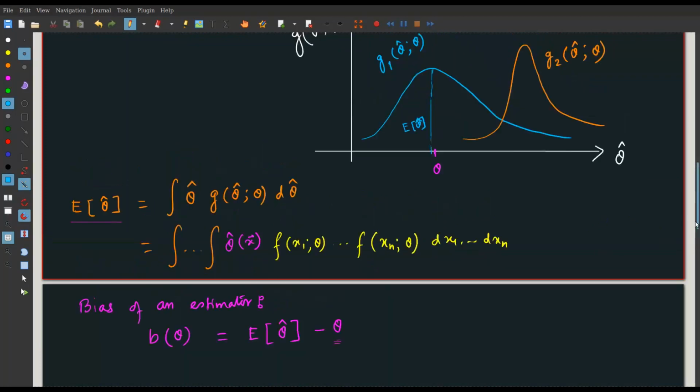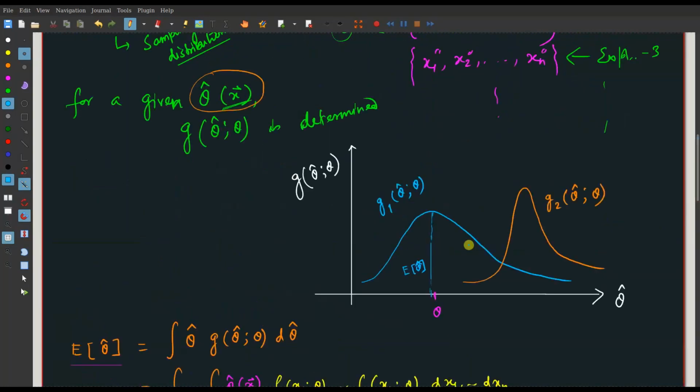There are other things to consider. Remember, there is also the width of this distribution. For the blue distribution, you see that the width is higher, and for the orange distribution, the width is lower. So this is my expectation value of theta hat in here, and this is a lower width. Now, what does the width of the sampling distribution give you?